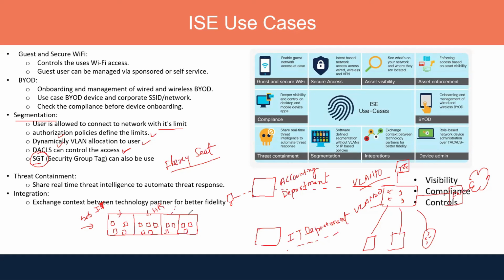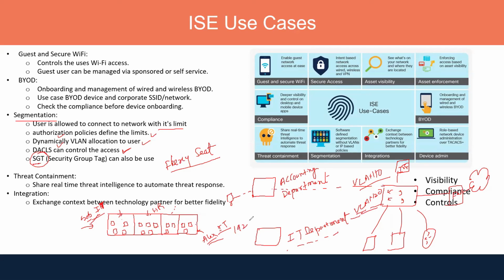And there is an Alex user sitting on this particular floor, but they both belong to the IT department. So once they put in the username and password, dynamically they are going to be allocated into the IT department VLAN.